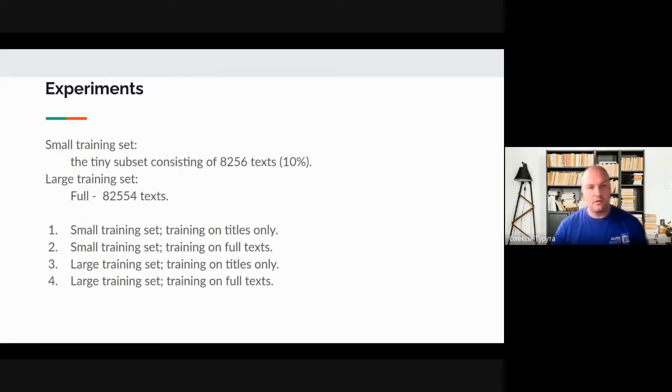So we can try on a small part of the full dataset and understand what kind of result we have. The second experiment we make on the full dataset. And we train our models on title, and on full text.